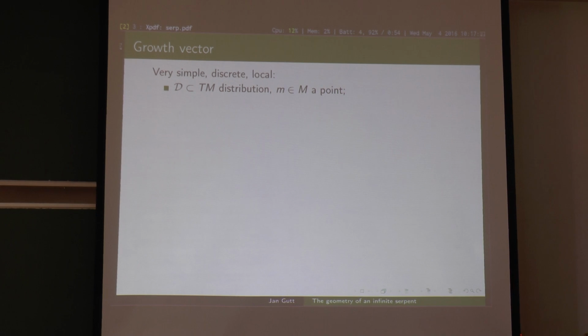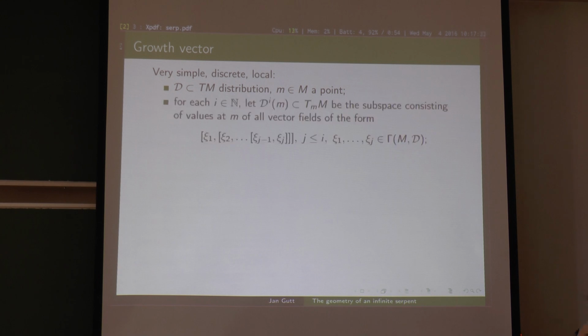Okay, so the growth vector is a similar invariant because it also depends on a point, so we define it point-wise. We assume that we are given a distribution D and some point M, and now we are going to do the following construction. So bear with me for a moment.